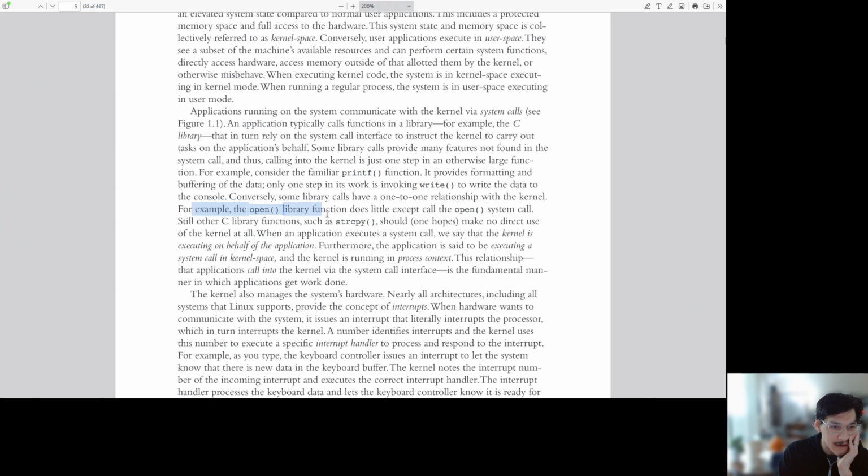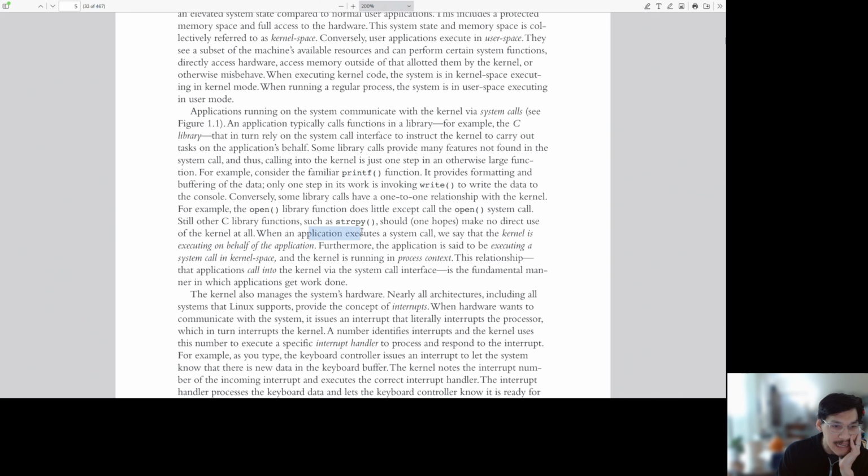Still, other C library functions such as strcpy should make no direct use of the kernel at all. When an application executes a system call, we say that the kernel is executing on behalf of the application. So when an application uses a system call, the kernel is going to be executing on behalf of the application.